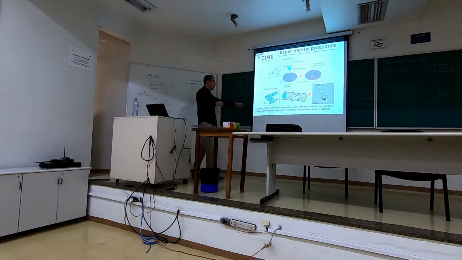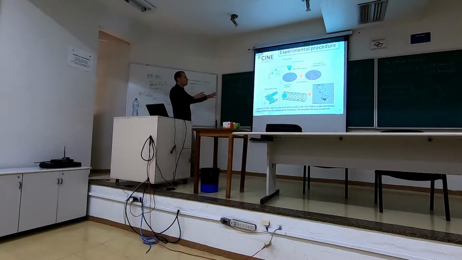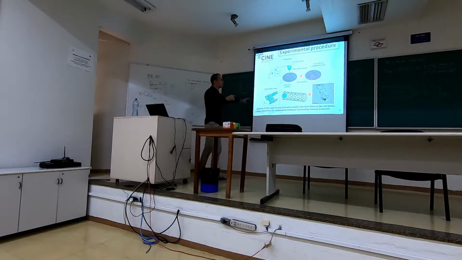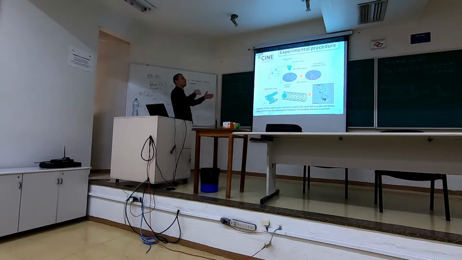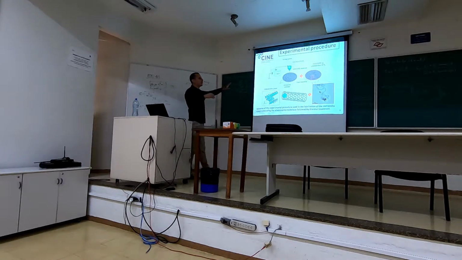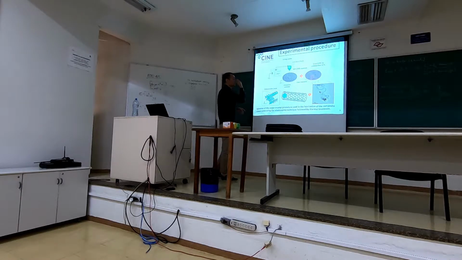As you can see in this figure, we have a schematic representation of the experimental procedure used in the fabrication of these electrodes. Here in this figure, we can see the electrospray and the thermal treatment.